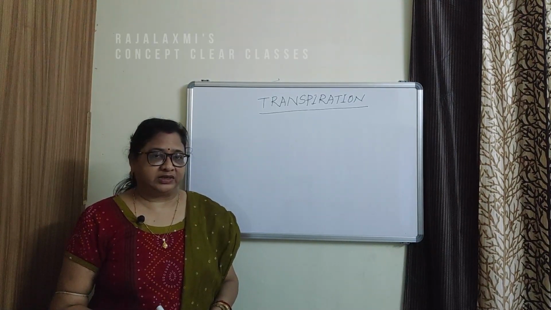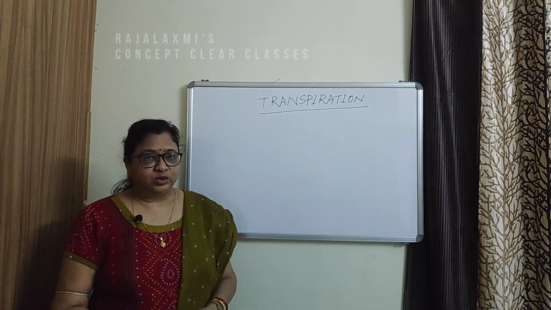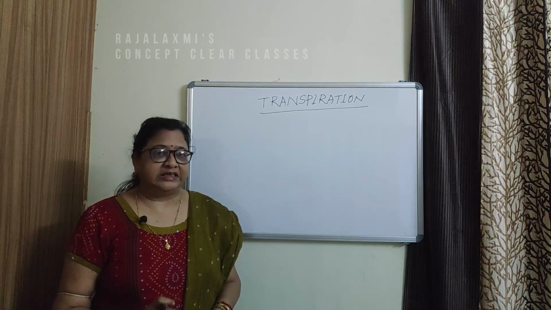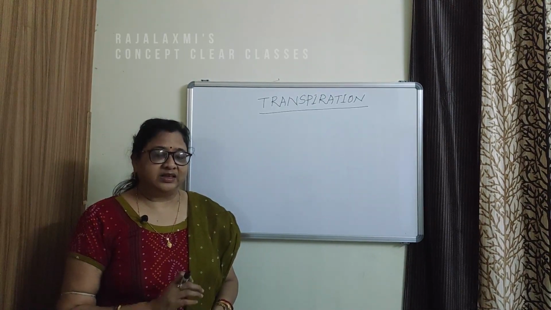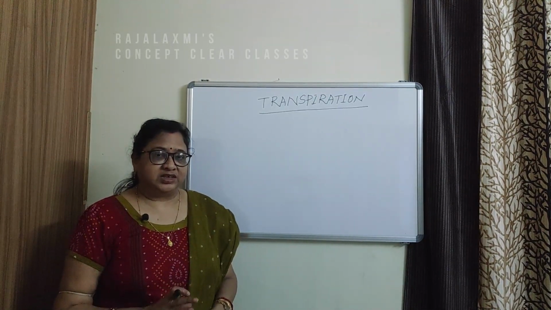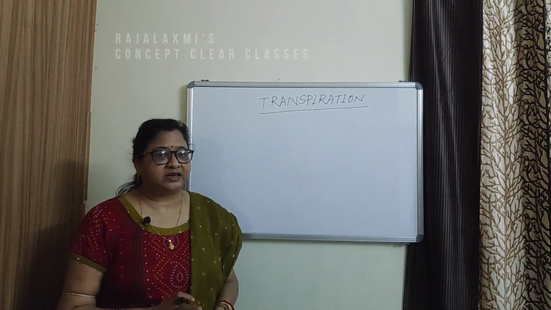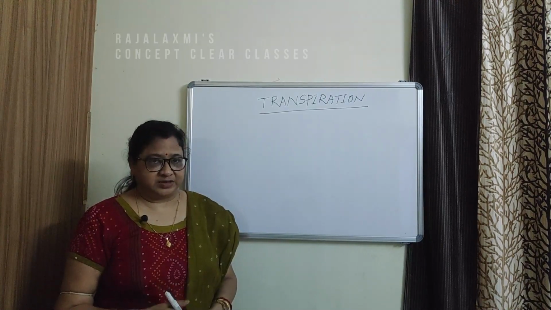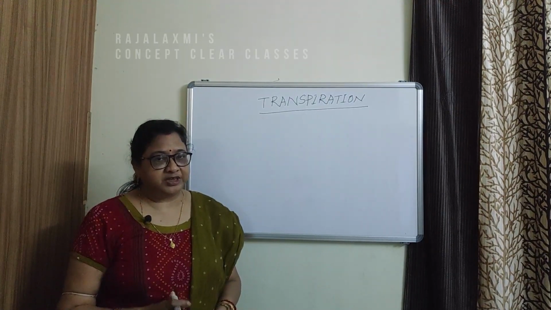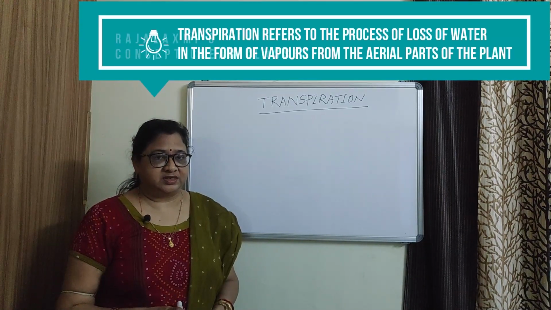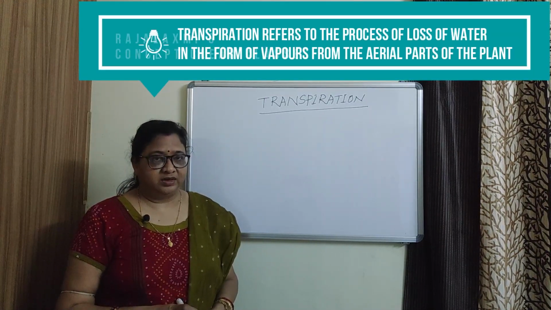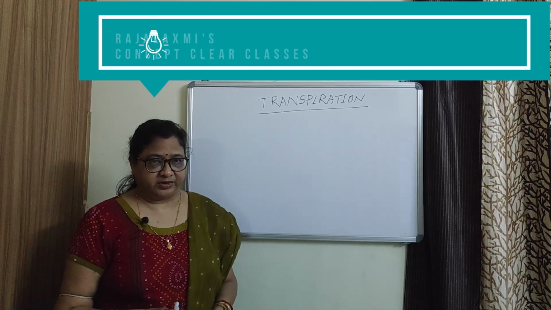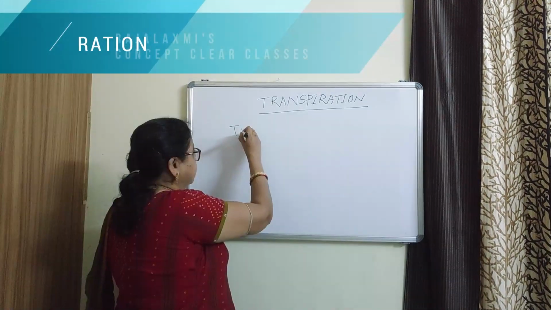Actually, a huge amount of water is absorbed by the root system, but only 5% of this water is utilized by the plant and the rest of the water is lost from the aerial part of the plant to the atmosphere. This is called transpiration. So, transpiration is the process of loss of water from the aerial parts of the plant in the form of water vapor.